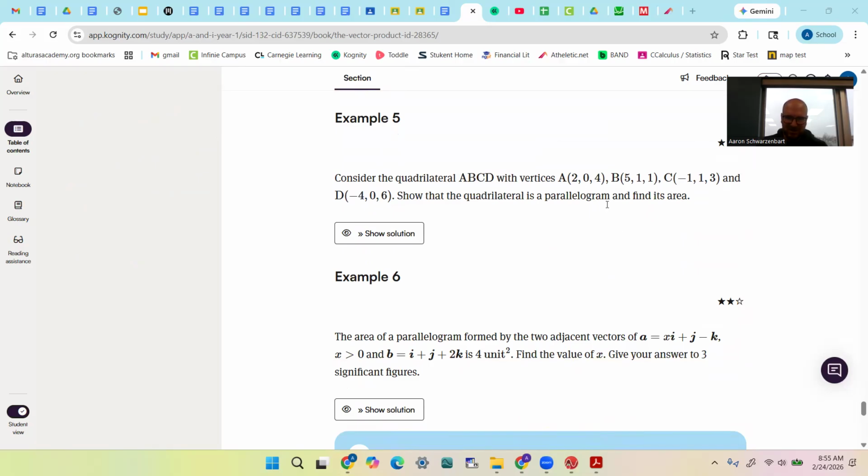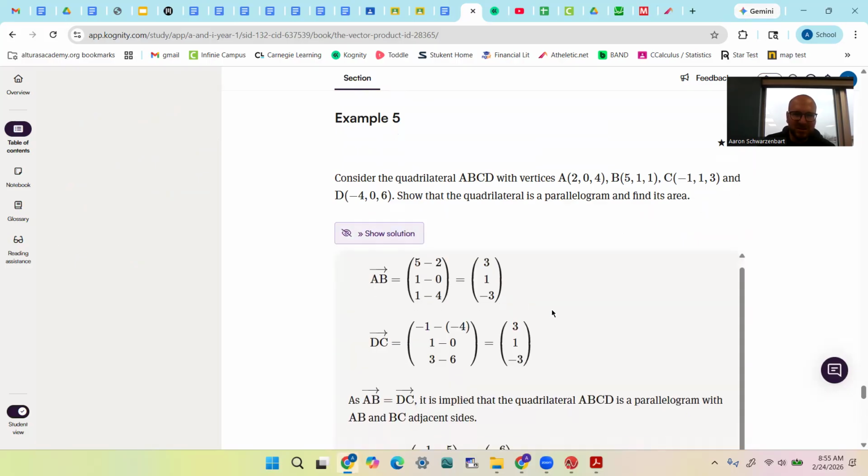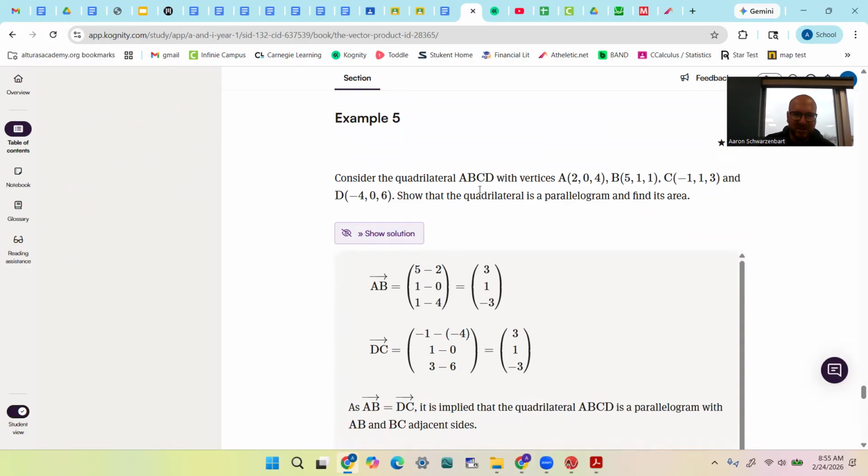So here's a quadrilateral. Show that the quadrilateral is a parallelogram and find its area. They decided to do AB and DC. It wasn't AB. Oh, okay.